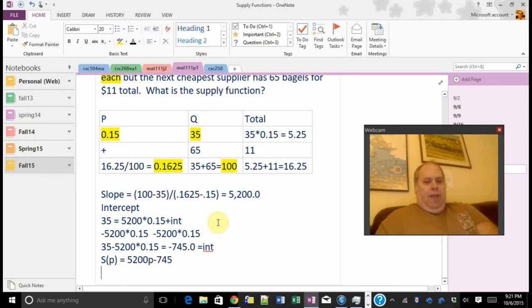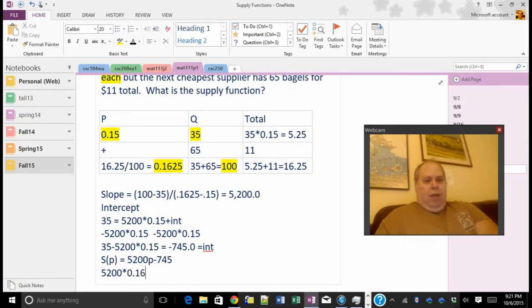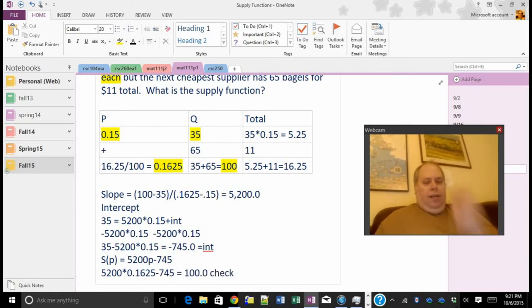So if I take 5,200, if I did this right, times 0.1625 minus 745, I'll get 100. So it checks. And so there is how you do a supply function.